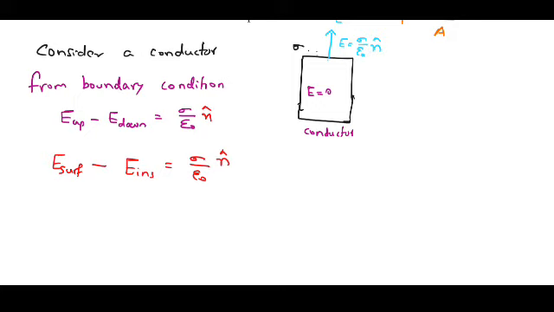We know that the electric field inside the conductor is 0. Therefore, E surface is sigma divided by epsilon 0 n cap. That is the electric field at the surface of the conductor.